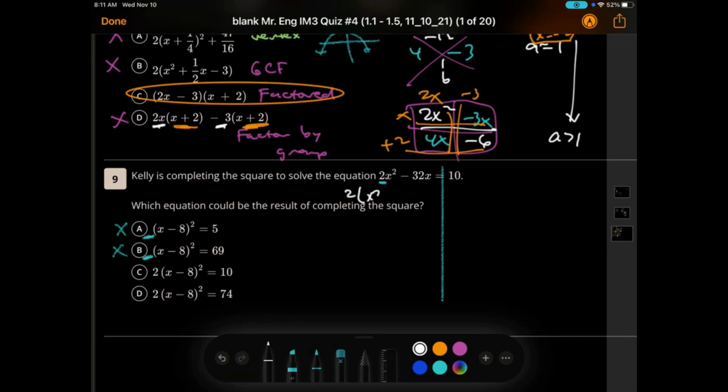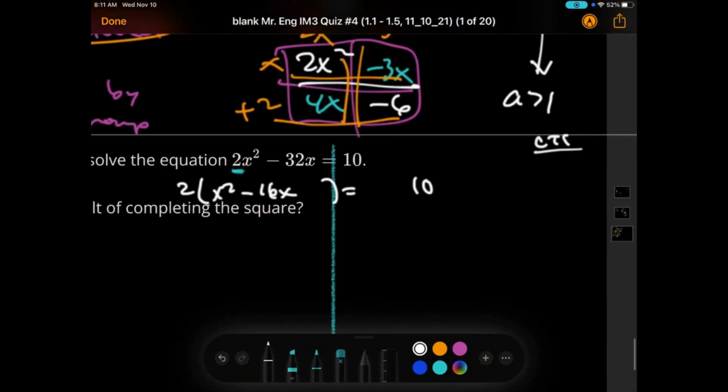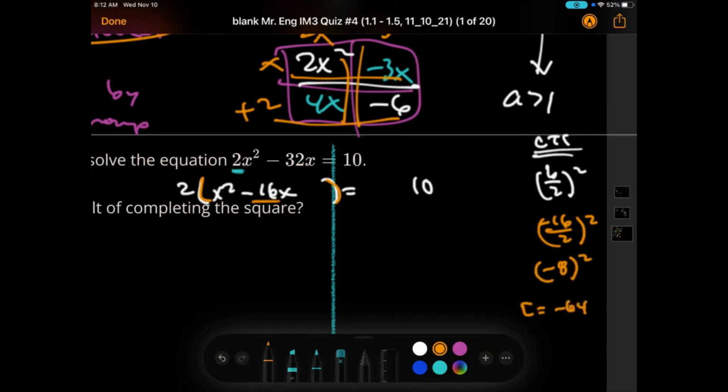So I have 2 times x squared minus 16x. To complete the square, I'm going to use half of the b value and square it. So inside the parentheses, my b value is negative 16. That's negative 8, which is half of negative 16, and you get negative 64.